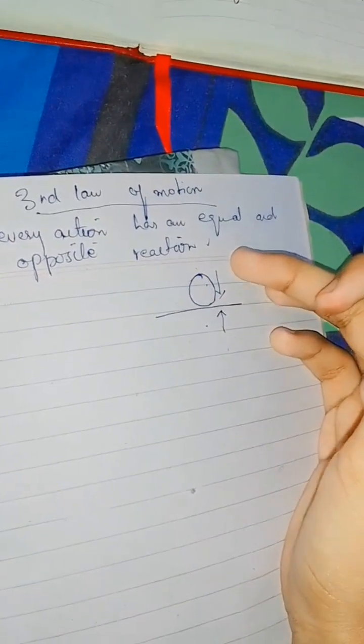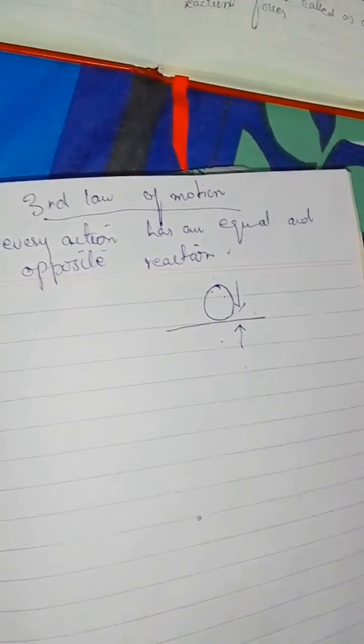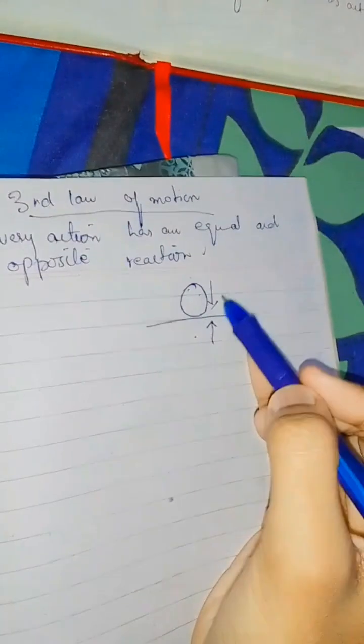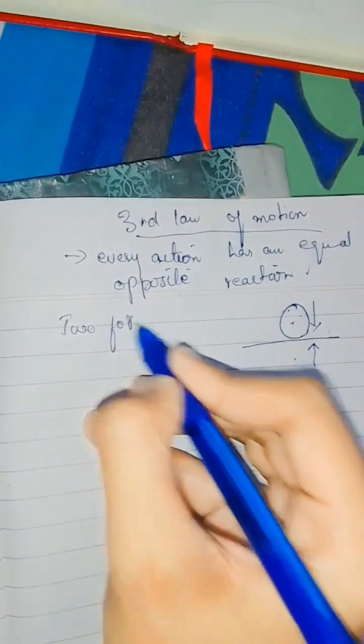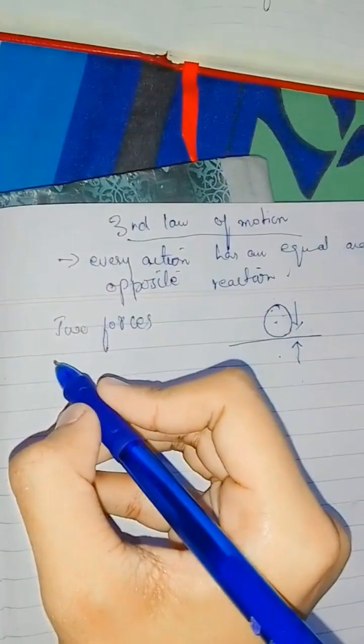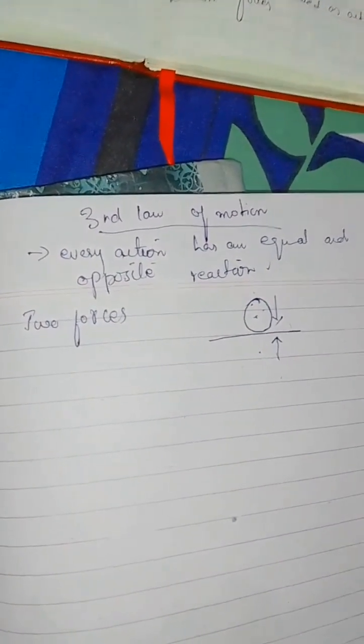The object is exerting a downward force on the table, and the table is oppositely exerting an upward force on that object. So there will be two forces that result from this interaction.